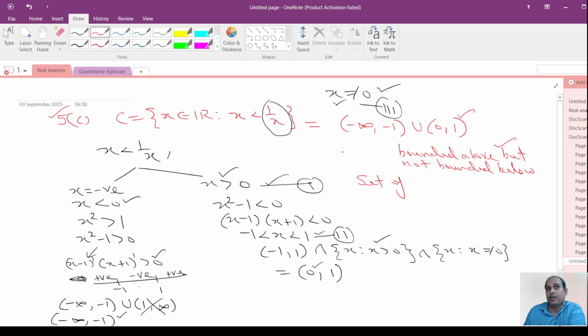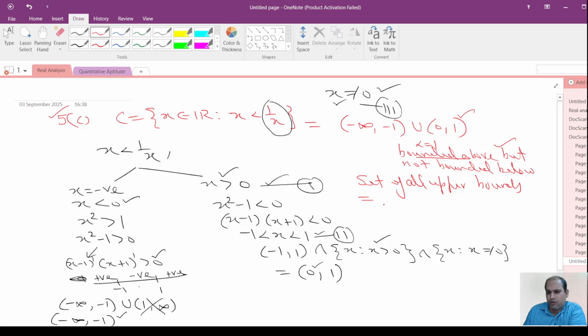Why? Because from the completeness property of R, for existence of infimum, the set has to be bounded below, and the set is non-empty. Set of all upper bounds: the set is bounded above, because alpha equal to 1 is one of its upper bounds.